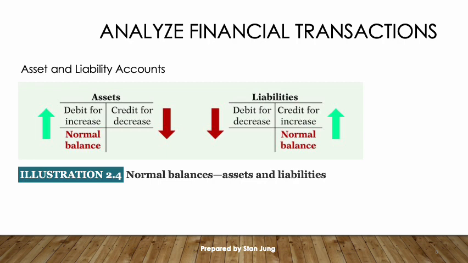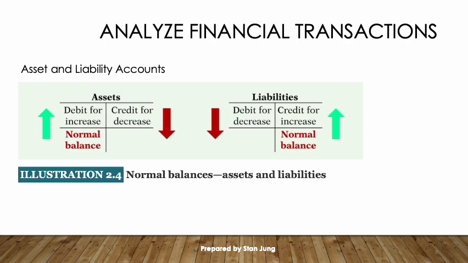So let's take a look at asset and liability accounts. Let's take a look at assets first, on the left side of the diagram. A normal balance for assets is the debit side, or the left-hand side. So if we're going to show an increase in an asset, we're going to debit the account. If we're going to show a decrease in an asset, we're going to show a credit in the account.